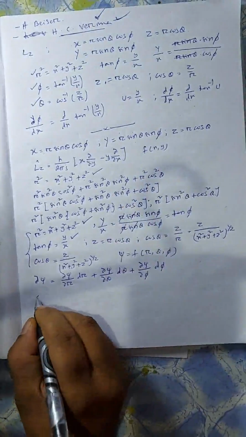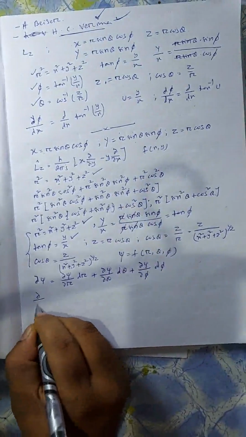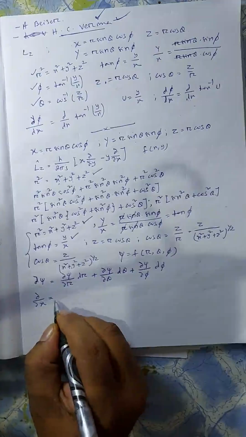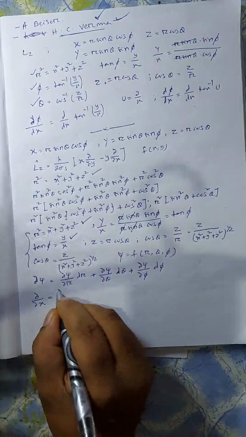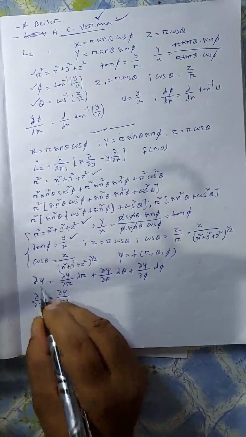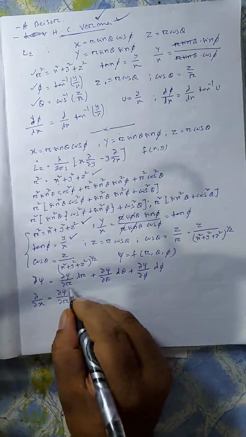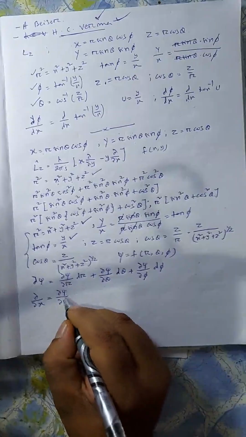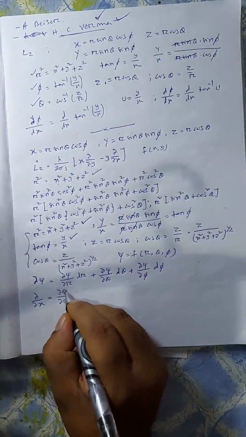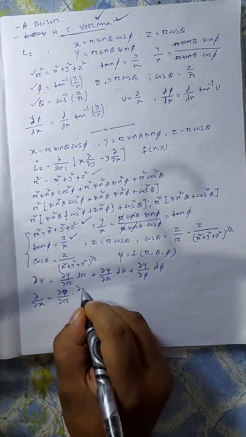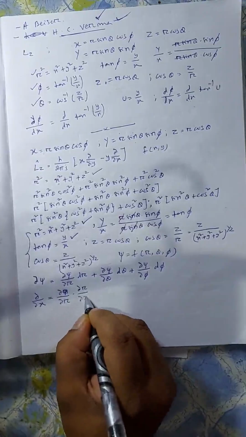Then how to find out dou by dou x? Dou by dou x is equal to dou by dou r into dou r by dou x.